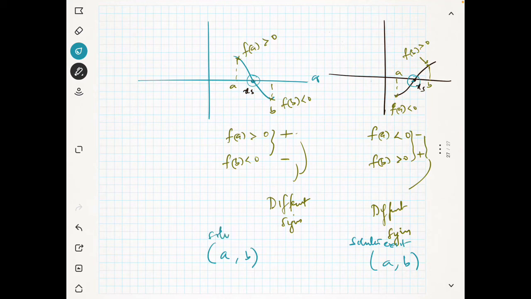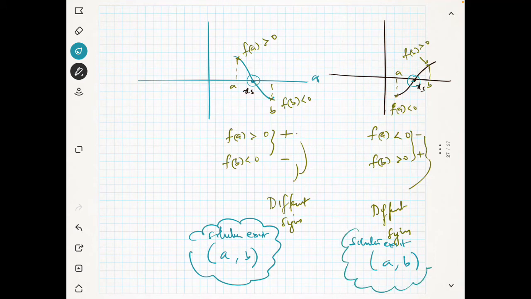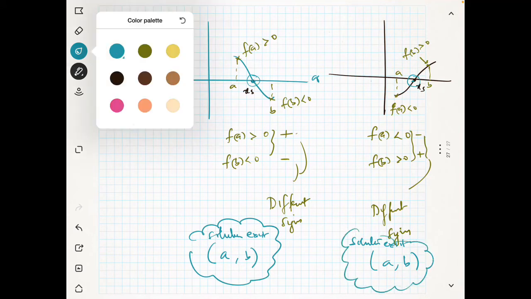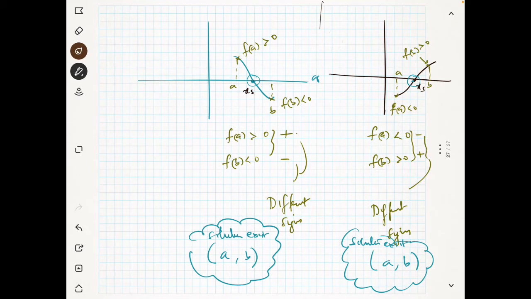Here also the solution exists in the interval A and B, and here also the solution exists in the interval A and B. So this is the beauty, actually. So if you know A and B, and if you find f of A and f of B, and if you are getting two different signs, that means one is a positive answer and another is a negative answer, then the solution is between A and B. So we will use this procedure to find the solution.